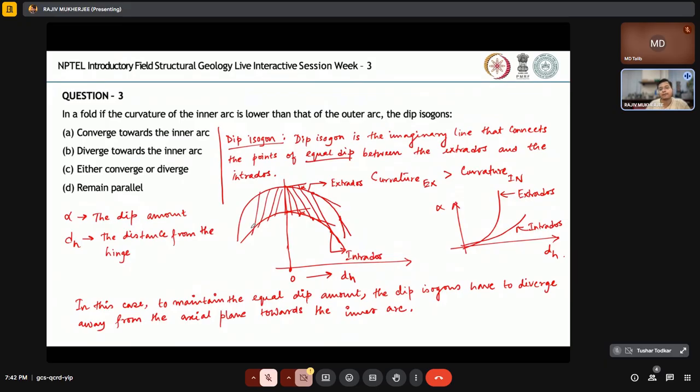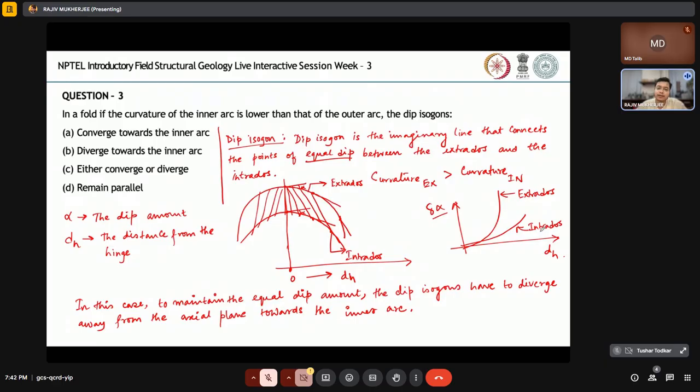Because the dip along the extrados changes much more rapidly than the dip amount in the intrados, right? So that is how I should plot the delta alpha, that means the change in the dip amount. So going away from the hinge line, the dip amount changes very rapidly in case of extrados than the intrados.